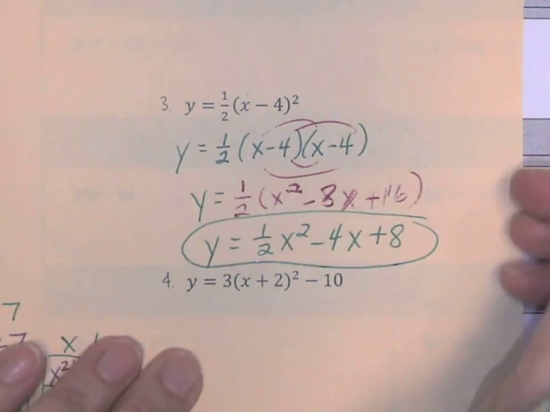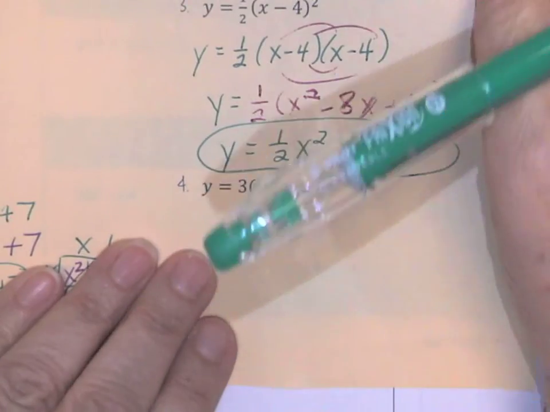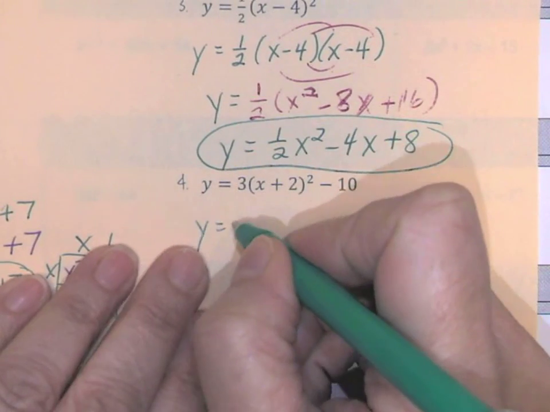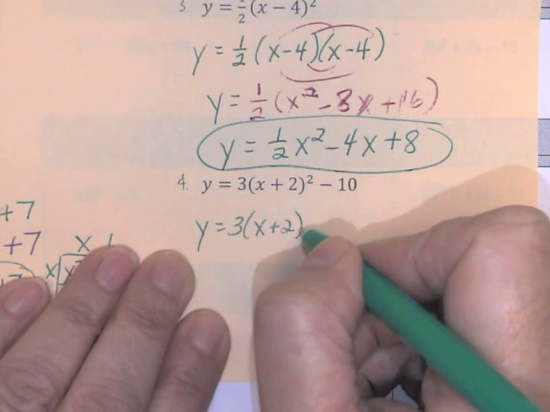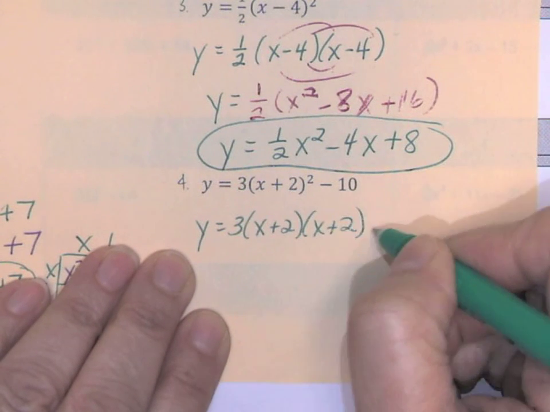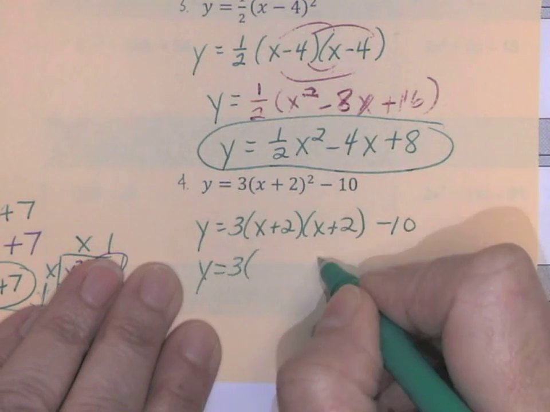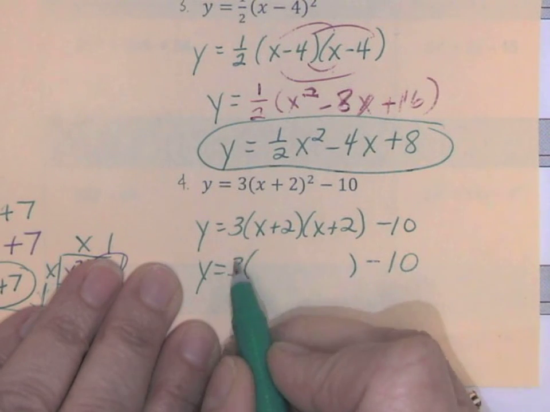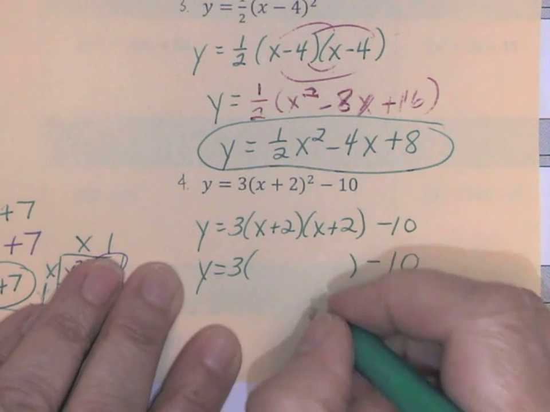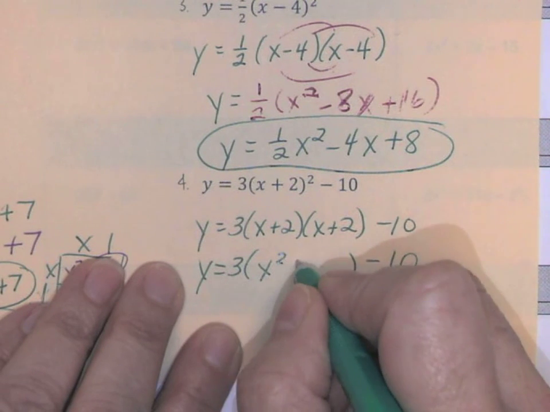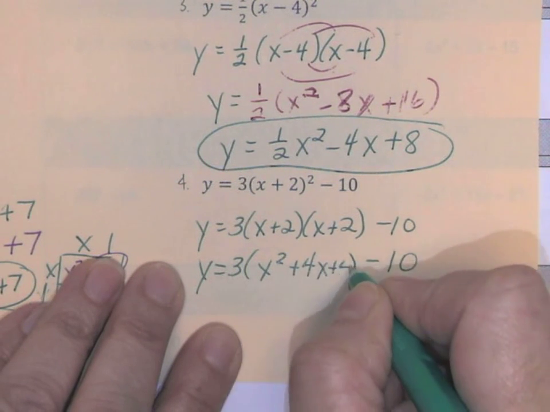It's just math. Then let's do one more together. Number 3. Write this out twice because I always do the exponent first. Then I do the math on it. So I'm not dealing with my 3 yet. I'm not dealing with my minus 10 yet. x squared plus 4x plus 4.